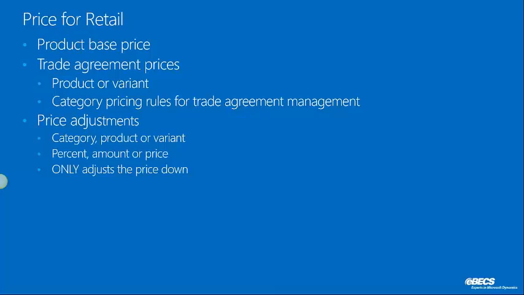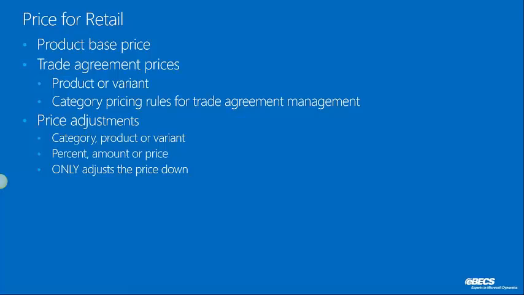So I could create a category for all the shoes or all the shirts for my employees and have them get 5% off every time, so that pricing rule is defined in the sales price when they're purchasing product.